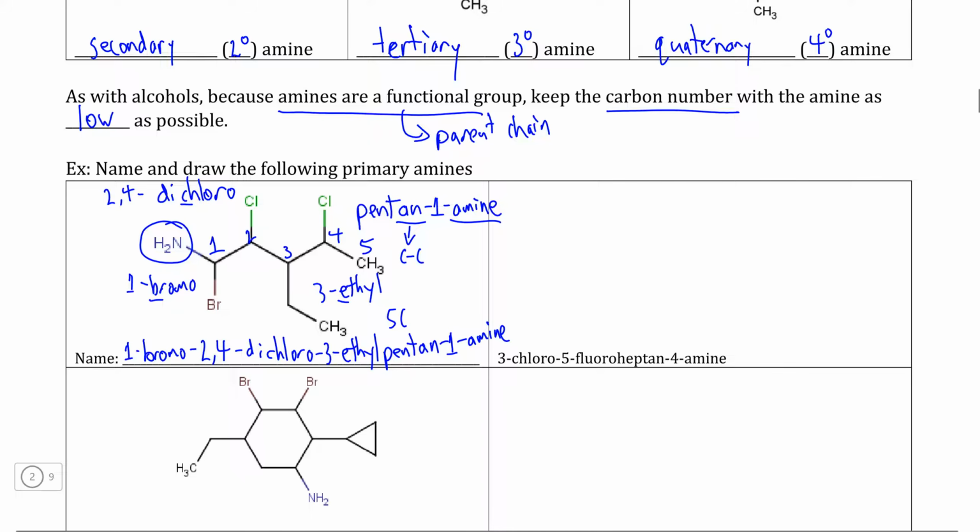So once again, as long as we know that the suffix amine defines this as the functional group that defines the parent chain, the rest of the naming system remains identical to what we've seen before.